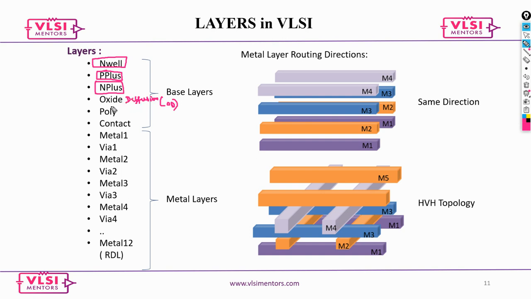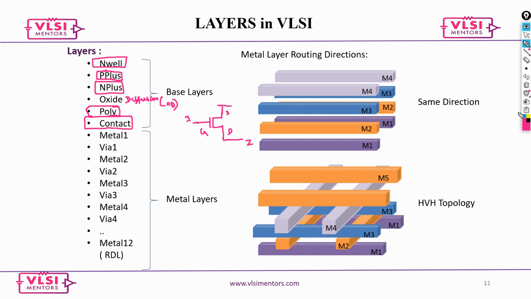And then your poly comes into picture. Poly is nothing but your gate material. And then your contact. So if you guys remember, you have a transistor which is kind of like this. Now this is say source, this is your drain, and this is your gate. Now all of them are getting connected to your power and your input, and then your output and all of that.